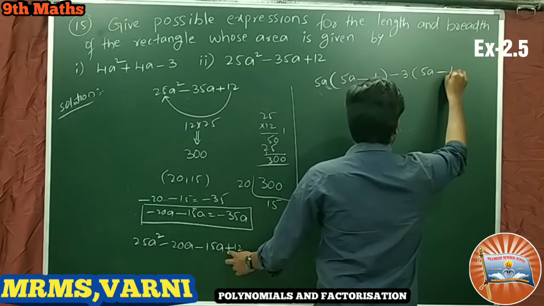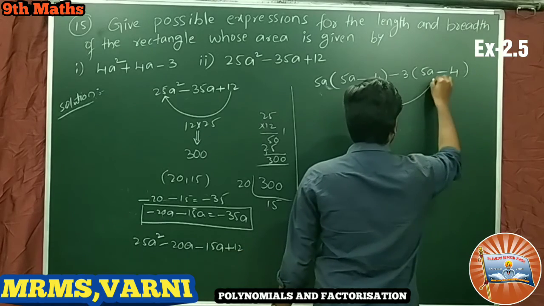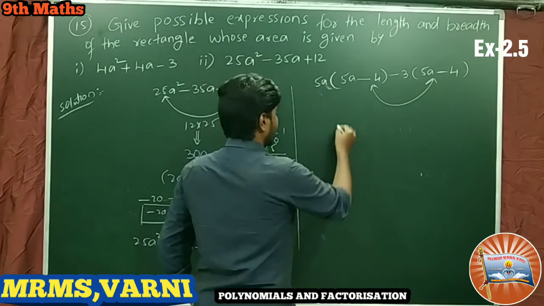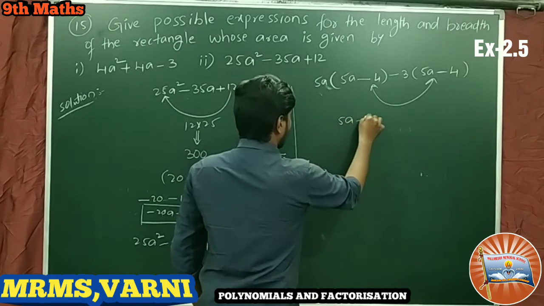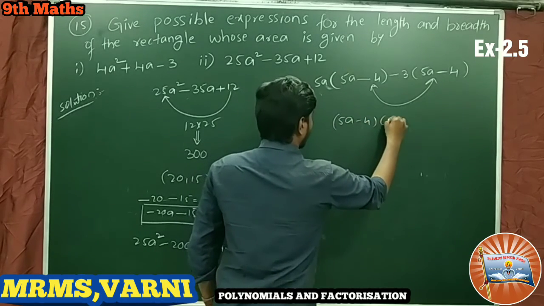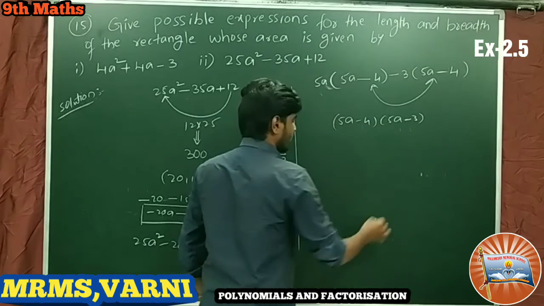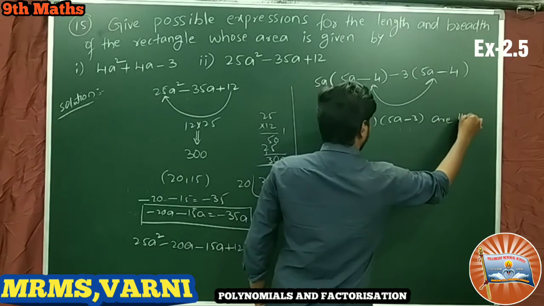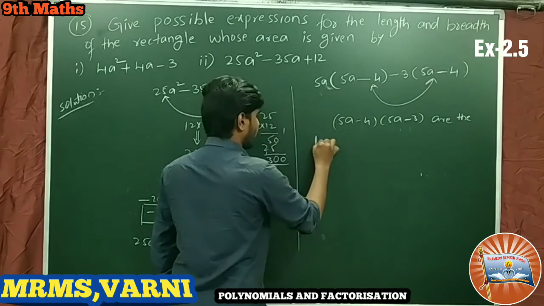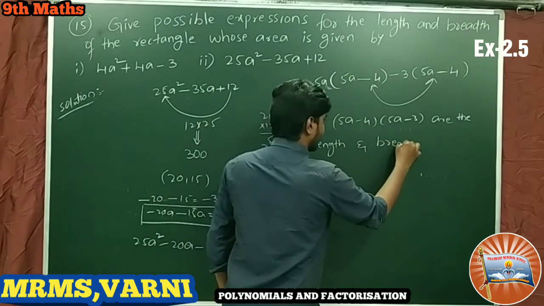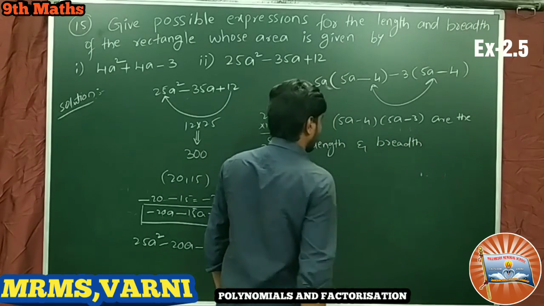These two must be the same, and we got it already. So 5a minus 4 and 5a minus 3 are the length and breadth.